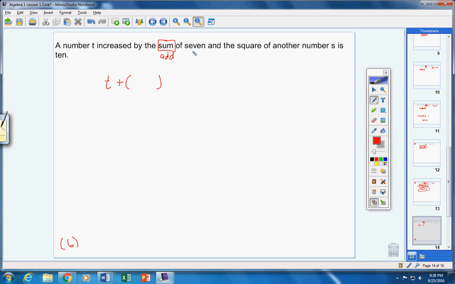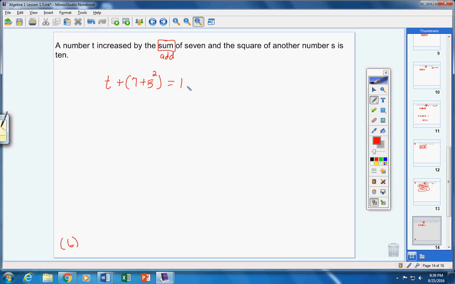So I'm adding 7 and s squared. t plus, 7 plus s squared, equals 10. Why'd I put 10? That's funny.